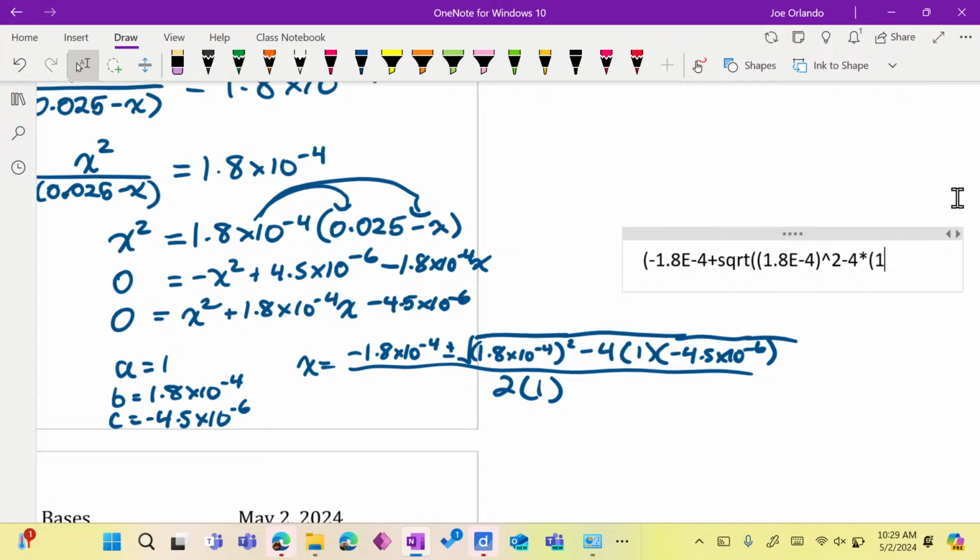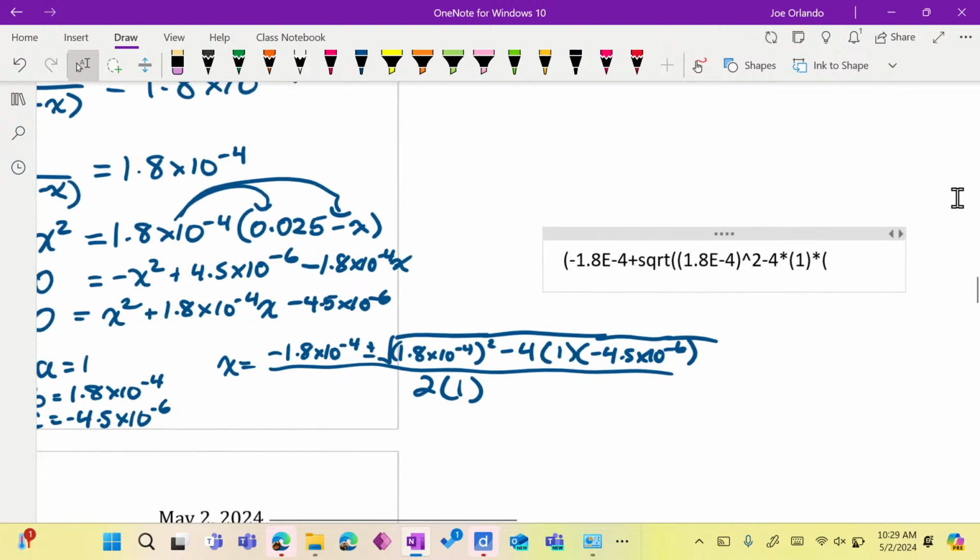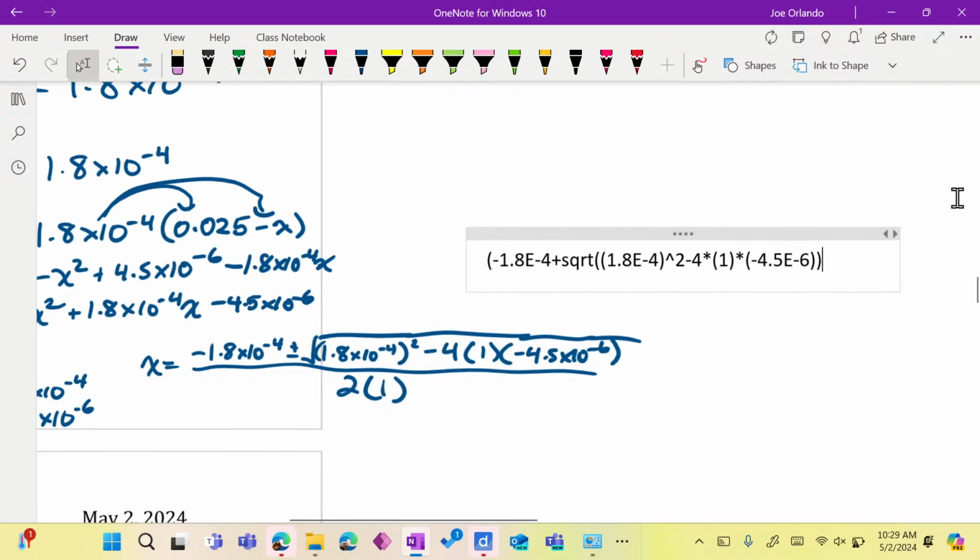Minus 4 times 1 times negative 4.5 times 10 to the negative 6. That's just for the negative number. That's for the square root. That's for the top, right? I think. Looks good. Divide by. Now I need a bracket for the bottom. 2 times 1. Close the bracket for the bottom. That should be good if I haven't screwed up. Maybe I screwed up. We'll find out. See if we get the same answer.